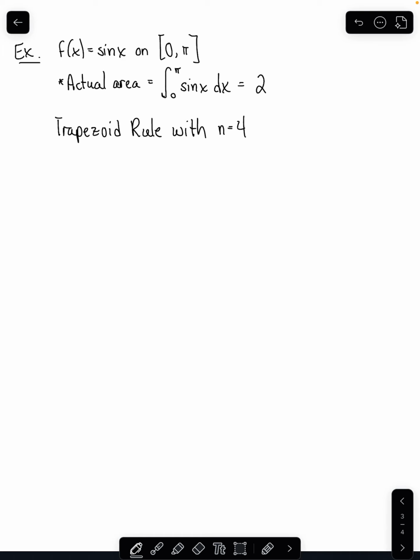So our x sub i's are going to be 0, and then pi over 4, and then pi over 2, and then 3 pi over 4, and then pi itself. So our area by the trapezoid rule is going to be approximated by b minus a, the full width of our interval, divided by 2 times the number of subintervals.